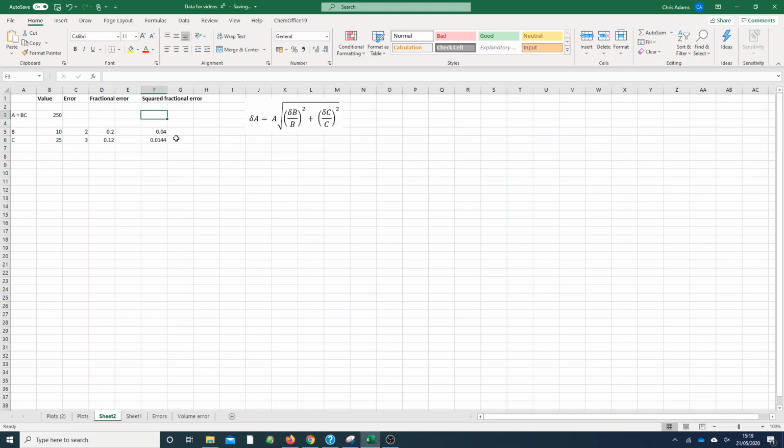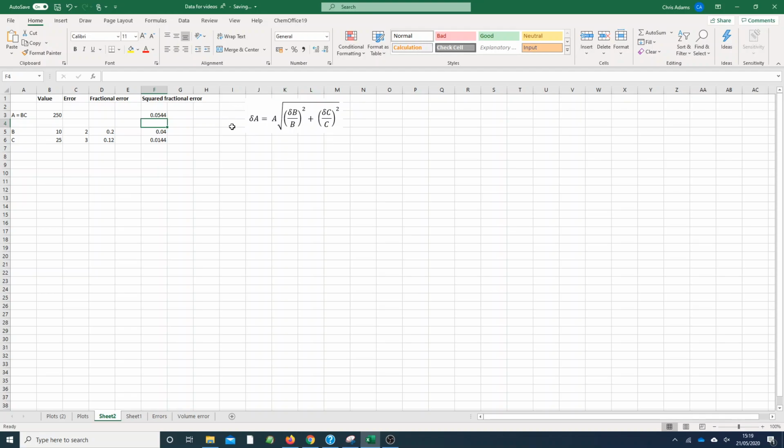The squared fractional error is simply the sum of the individual fractional errors, like that.